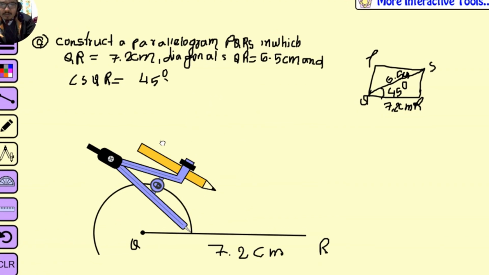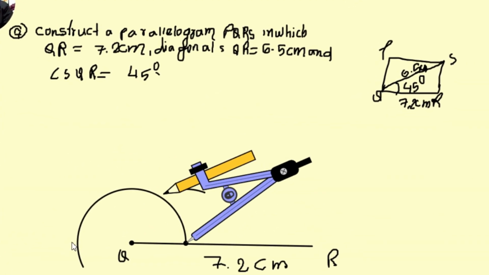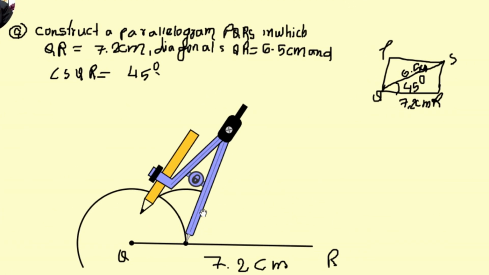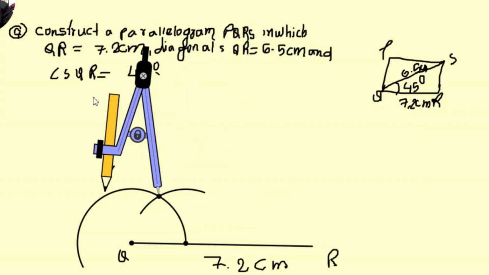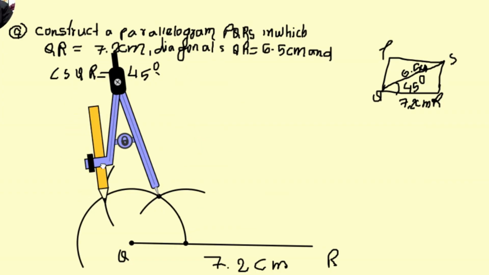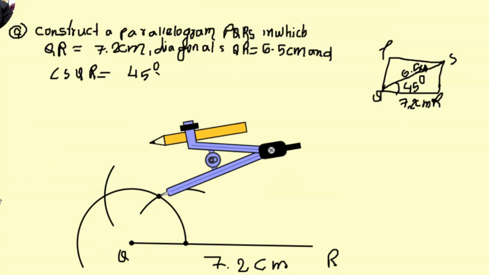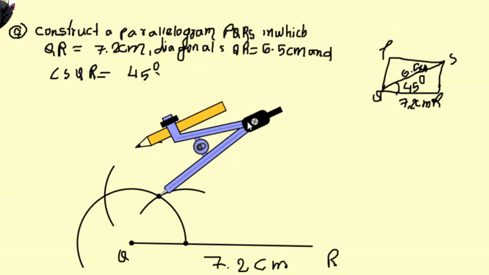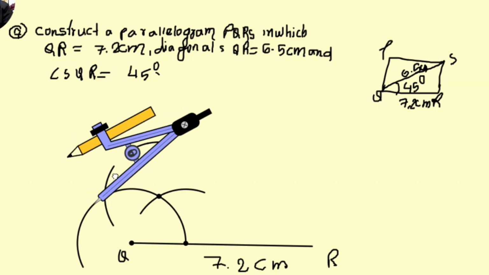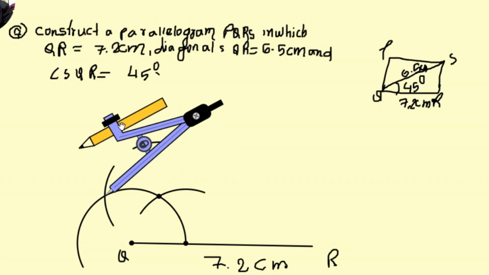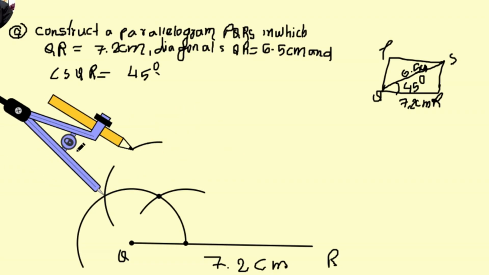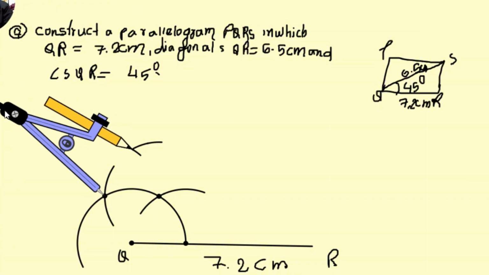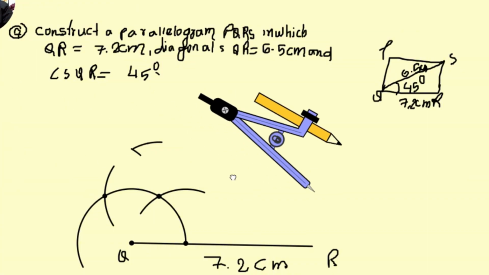This is 60, again 60 to cut here, and cut up. Here it is for 90, and now cut from 120 up here. This is for 90, right?